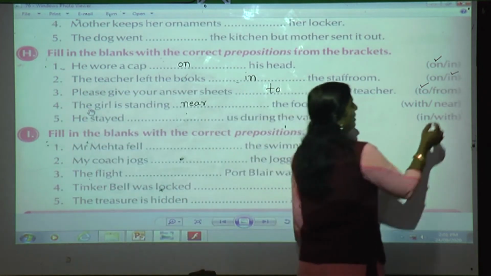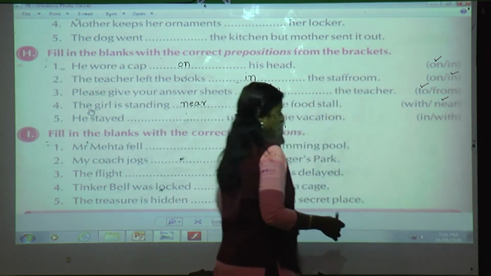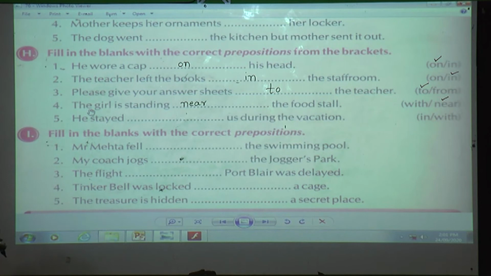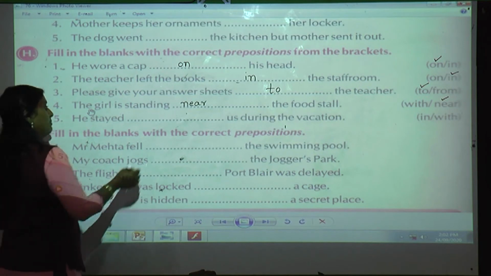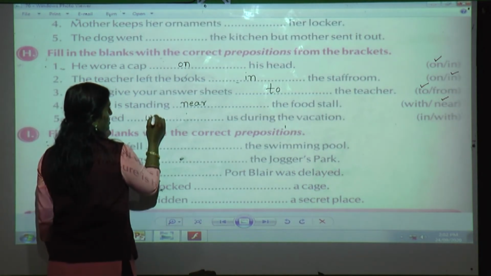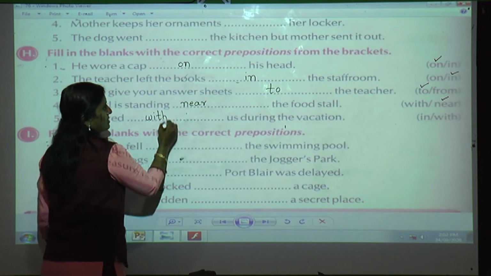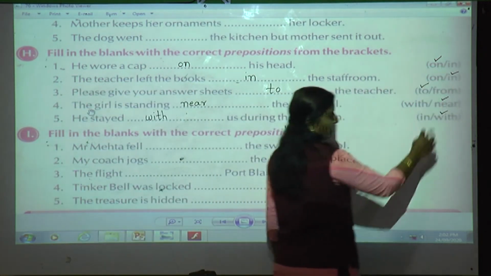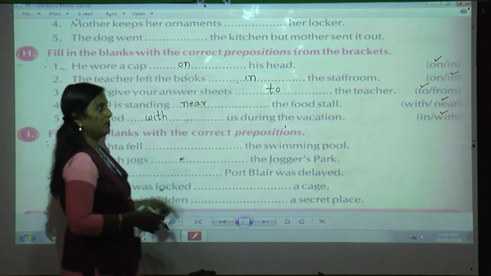We are not going to write with the food stall. Okay? He stayed dash us during the vacation. Did he stay in us? No. So which preposition will come? Very good. He stayed with us during the vacation. See, I have put a tick over here. You can just copy down over here.